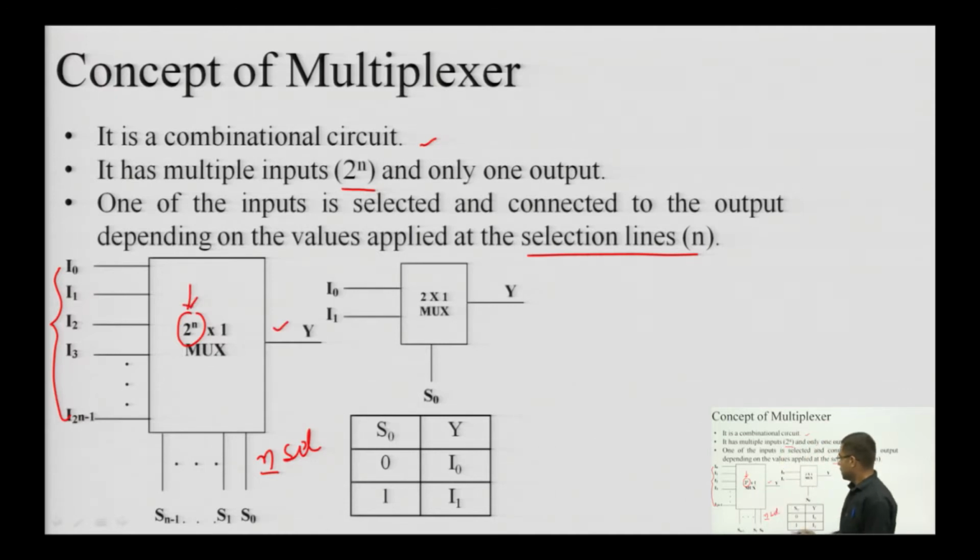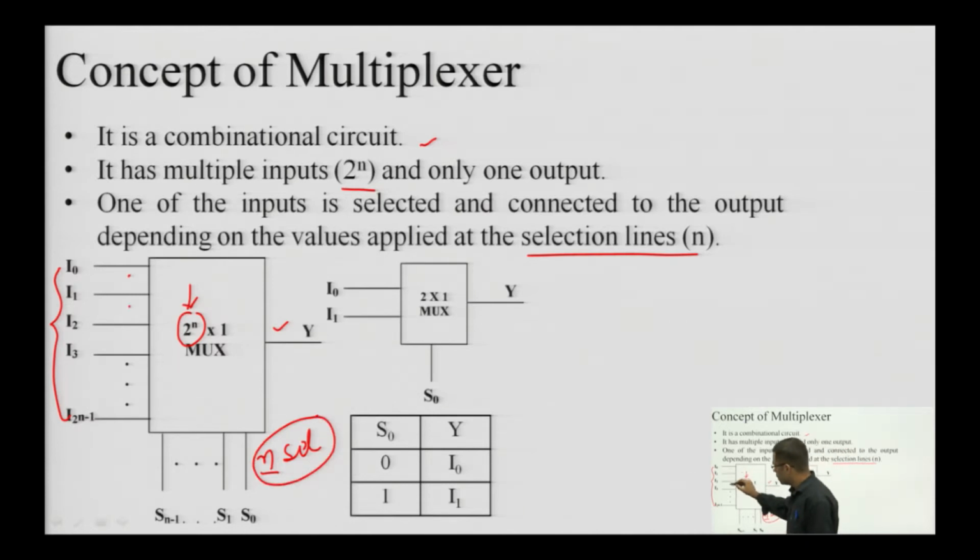That means these n select lines will be selecting one of these 2 raised to power n possible inputs, and that selected input will be connected to the output. Which input will be connected to the output is decided by these n select lines. So, this is the concept of multiplexing.